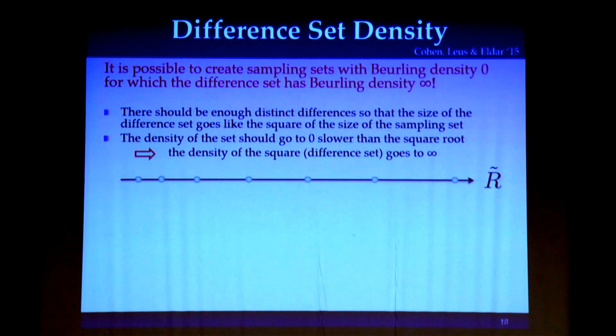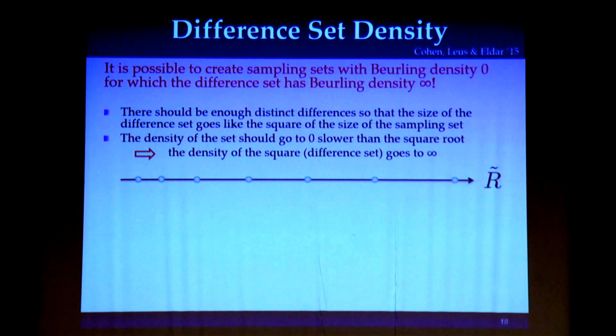So this is the rate that Yonina didn't want to tell us before, to not spoil the surprise. What we're saying is that we can recover the covariance of any signal with a sampling set of Beurling density 0. That means that we can have a sampling rate going to 0 and be able to recover any covariance.